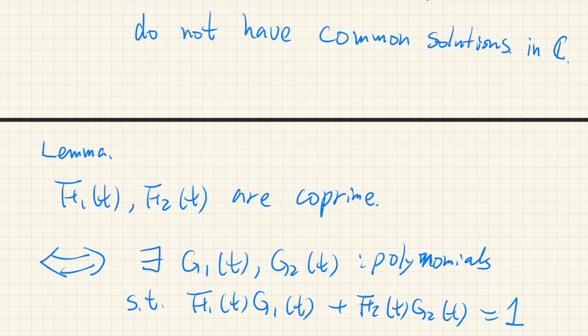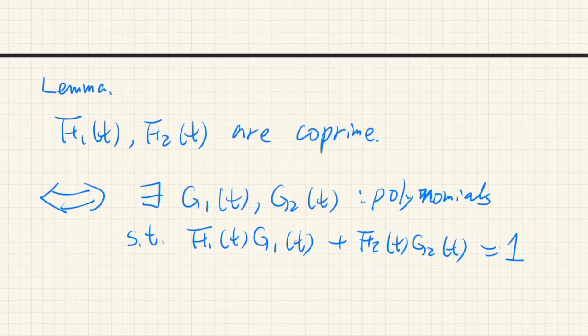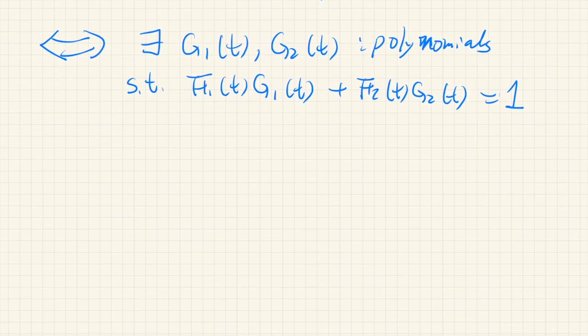And vice versa, so it's an if and only if statement. We do not give the proof of this lemma, but maybe you can find the proof in some algebra book or abstract algebra book. Let's see a few examples.